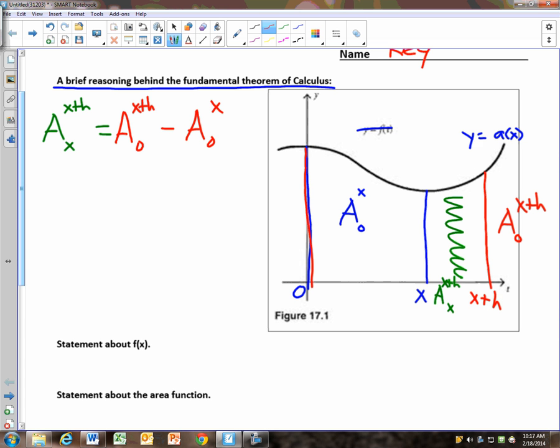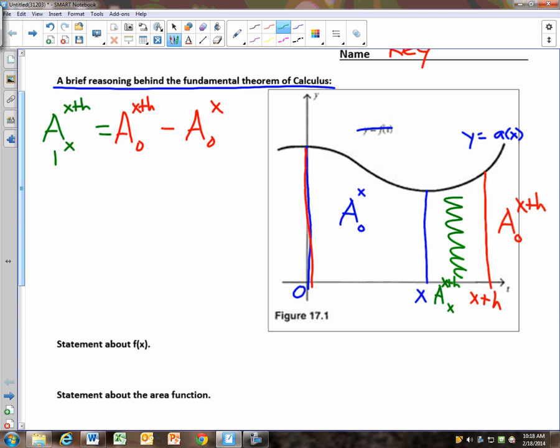Now, instead of writing this green area, the area from x to x plus h, I'm going to write it as an approximate area. In order to write an approximate area, let's suppose it was like a rectangle. What would be the width of that rectangle right there? H. Very good.